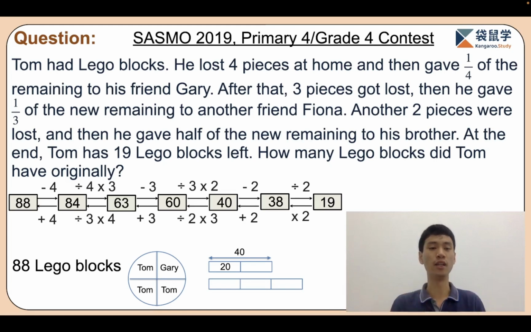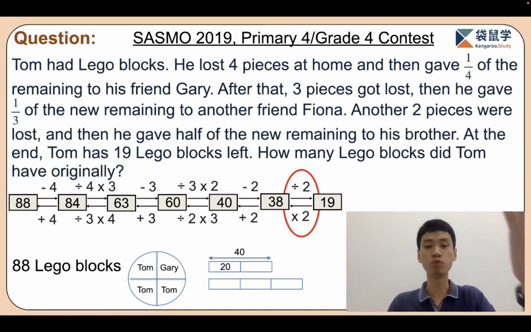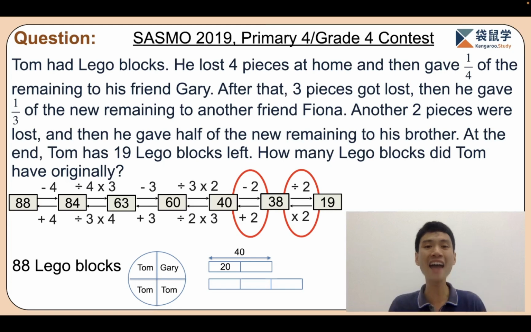And let's see, we worked backwards. Do you notice anything about the right arrows and the left arrows and the comparison between the two? For instance, if we divide at the top, we would multiply at the bottom. And if we subtract at the top, we would add at the bottom, and vice versa. So this is very important to keep in mind.